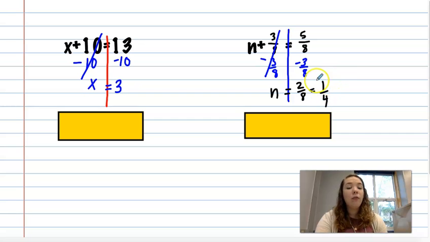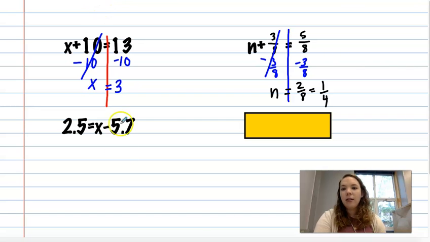And I do need 1/4 to be your final answer. If you can simplify a fraction, you need to. And if you put this in your calculator, it'll simplify it for you automatically. But again, fractions are okay. They shouldn't be this big, scary thing. So I do expect you to be able to do this without a calculator.